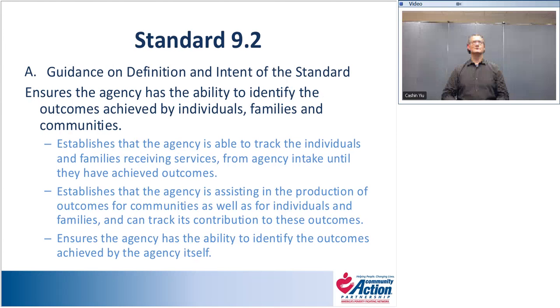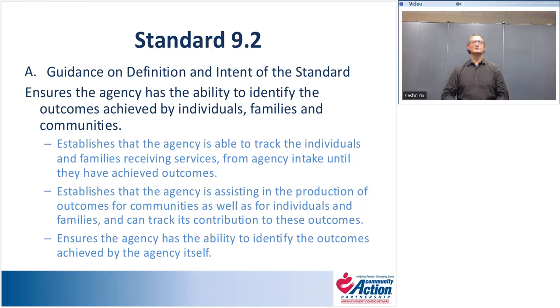That the agency is assisting in the production of outcomes for communities. The standard specifically speaks to outcomes achieved at the community level. And can each agency track its contribution to these outcomes? And then just on the agency level, are the agency outcomes tracked? Now, they're generally not tracked in the client tracking system, but how are they tracked and what does that system look like?